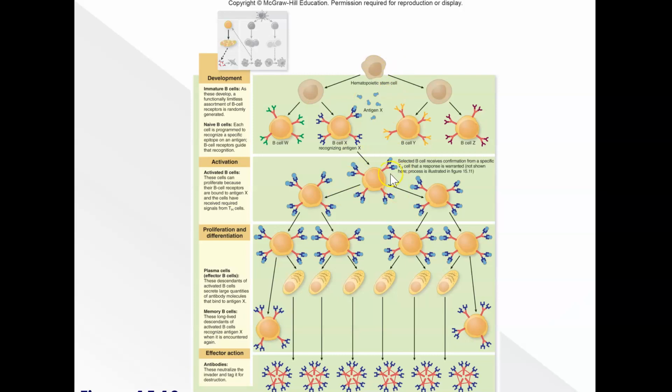The helper T cell is going to bump into this B cell, and now this B cell makes a decision. The vast majority of these B cells are going to turn into plasma cells. They're going to pump out antibodies like crazy so that they can clear that infection, but a small fraction of them are not going to turn into plasma cells. They're going to turn into memory cells.